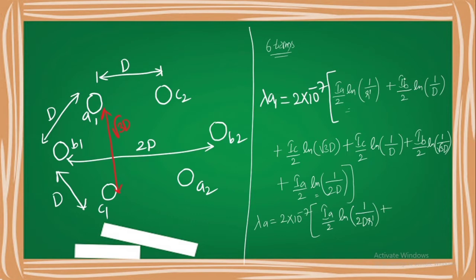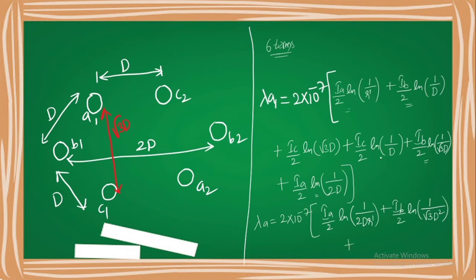Plus, here for this term you have IB by 2 and for this term you have IB by 2. So I am taking IB by 2 as common ln of, because it is ln of A, ln of B, ln of AB. So 1 by D into 1 by root 3 D, it is 1 by root 3 times D square. Similarly, what is the last term?